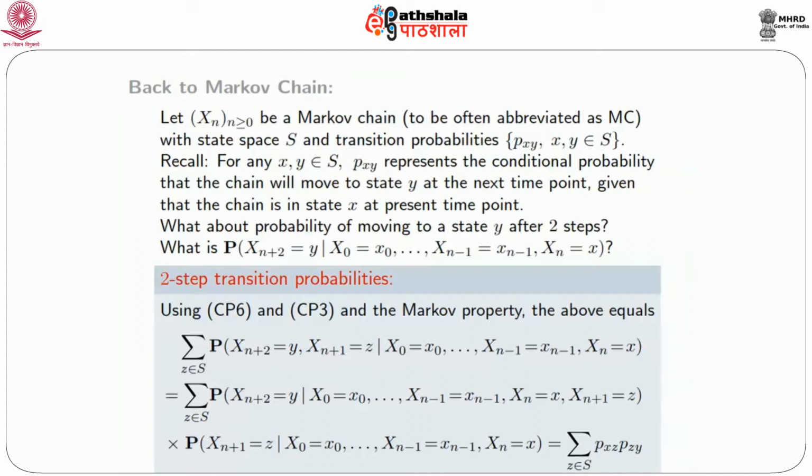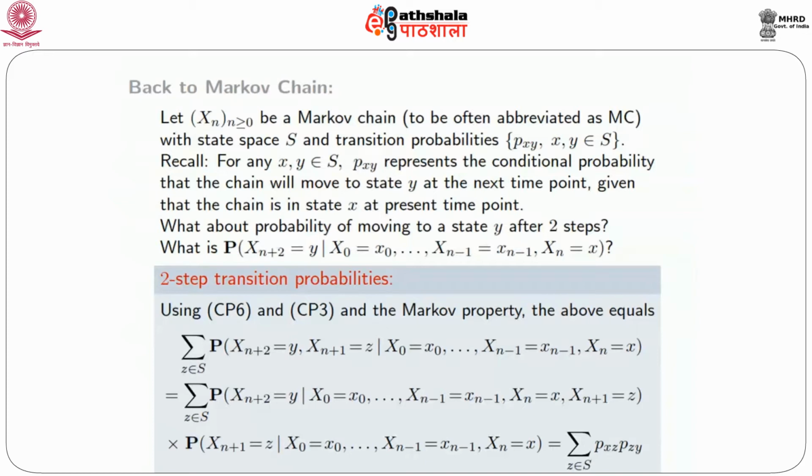Then you use CP3 to write each of these summands in this fashion, and then using the very definition of the Markov chain, you can see the first factor in the summand is nothing but Pxz, because you are asking for the conditional probability that Xn plus 2 is y, given the entire history up to n and n plus 1, and you are given that Xn plus 1 is z.